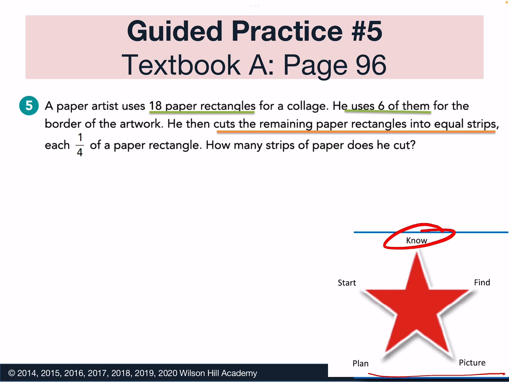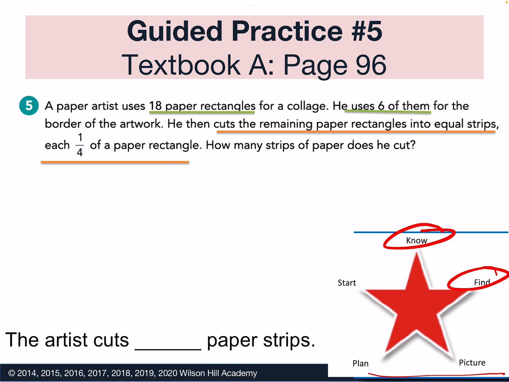These are going to be equal strips, each of them 1/4 of a paper rectangle. That brings us to what we're going to find, and that is how many strips of paper the artist cuts. So we write that sentence with a blank where the answer will go. The artist cut so many paper strips.